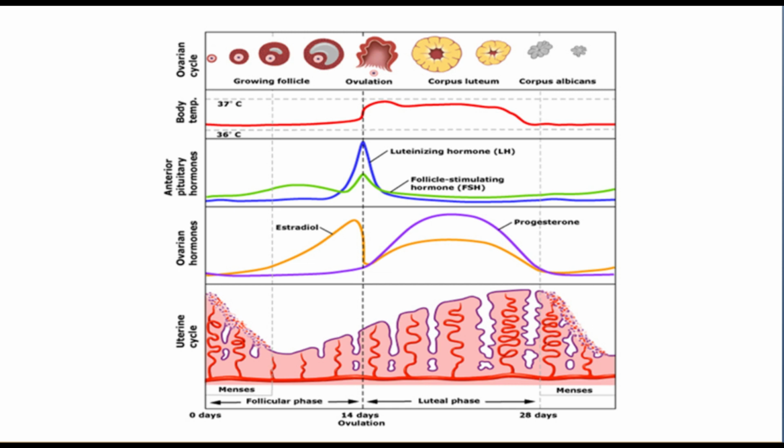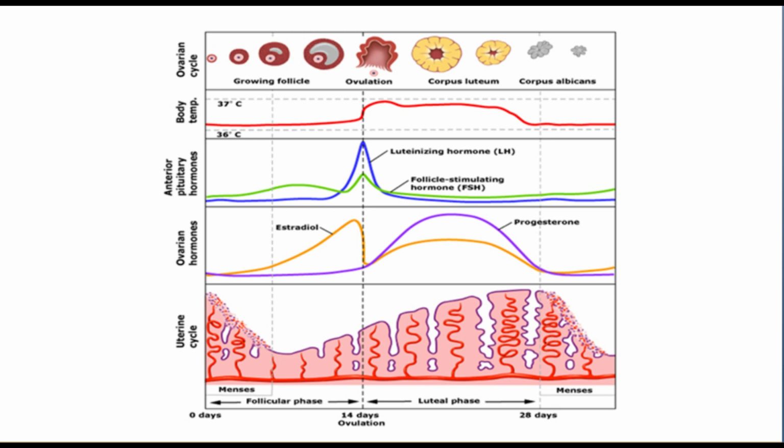You can also see here the progress of the hormones increasing and decreasing at the different phases. From day 1 until day 13, the level of estrogen, the estradiol, will increase, but the estrogen will decrease during day 14 until day 28.